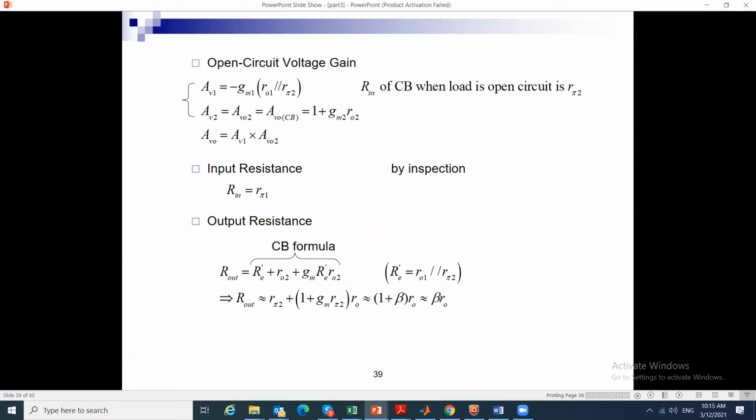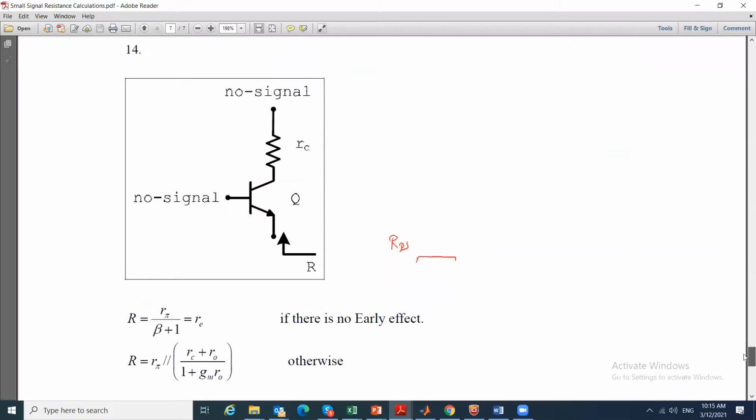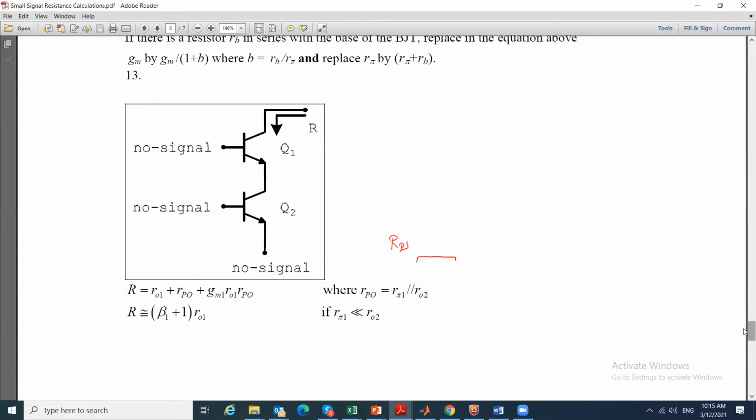They're saying it is similar to that of the common gate, where RPS is ro1 parallel to r pi 2. Let me go to the resistor sheet because it will be much easier for you to derive it from there. In the resistor sheet, we have the equation for the cascode.